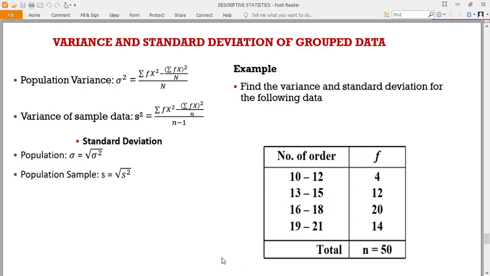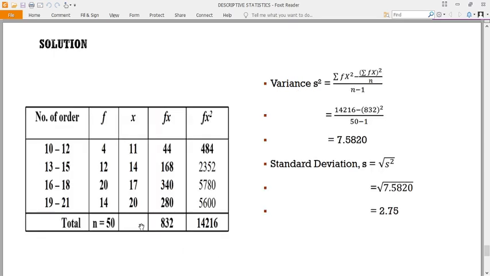So we make sure we have all that in our table. f is given, x are the midpoints: 10 plus 12 divided by 2, 11; 13 plus 15 divided by 2, 14. Then we look for f of x, where we multiply f by x. Then we get f of x squared. So we first square x, 11 squared, then what we get, multiply it by f.